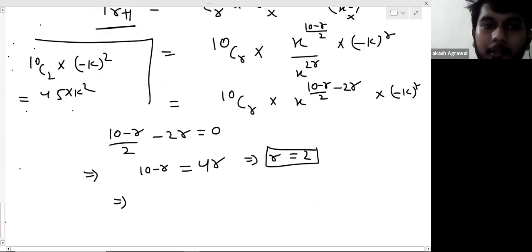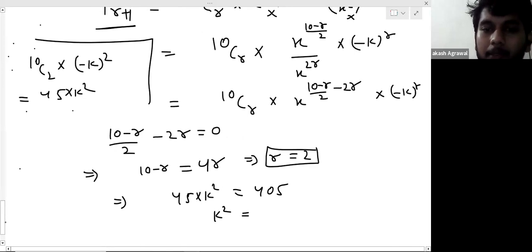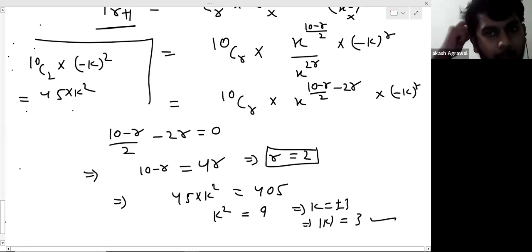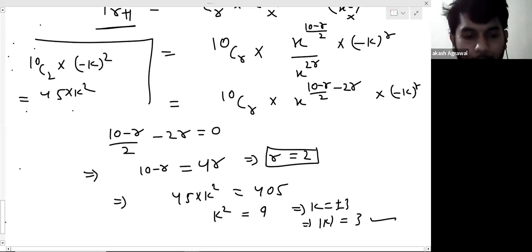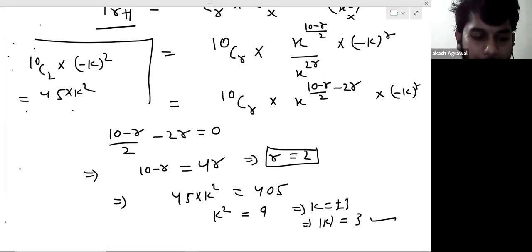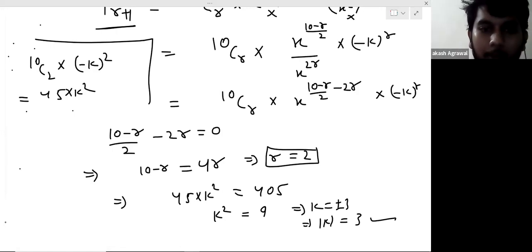Now they are saying 45 into k square is 405, so k square equals 9. That means k is plus minus 3, so mod k is 3. Very simple. No doubts? One more question then.